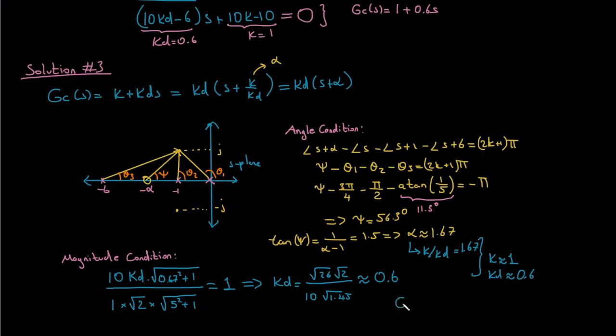So we found our controller to be K plus KD S, which is equal to 1 plus 0.6s, once again by using magnitude and angle conditions and the graphical design.